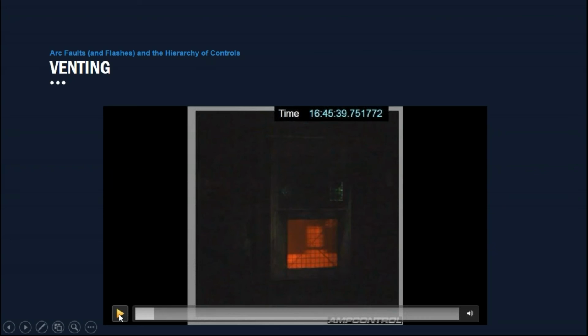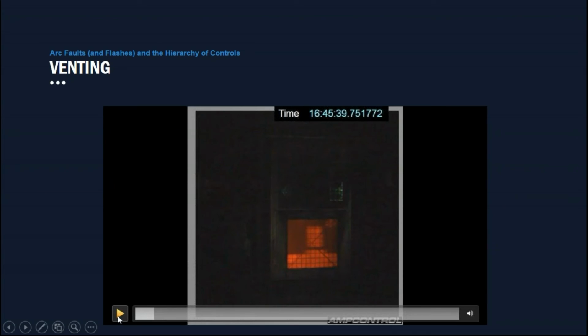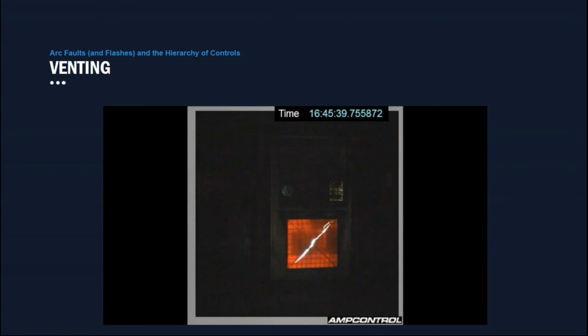If you let the video run a little further, we get to the point where the vent itself becomes overstressed and starts to open. And we can see there that it is actually cracked across the diagonal by design.